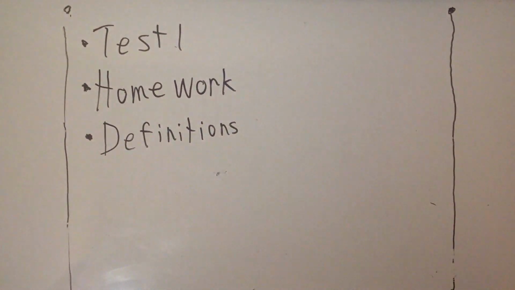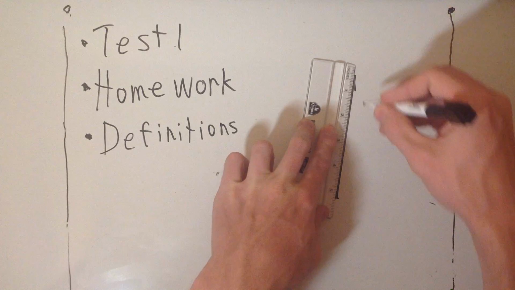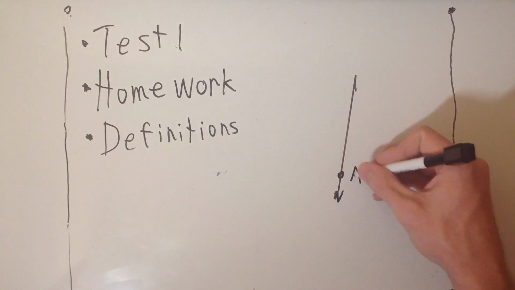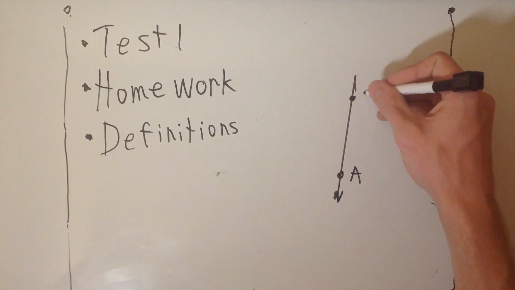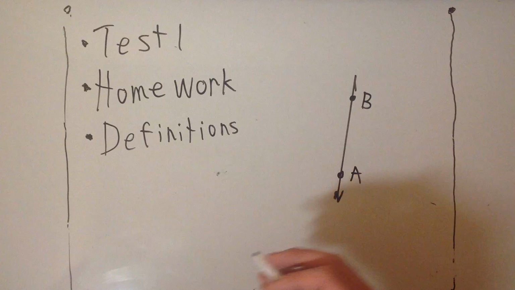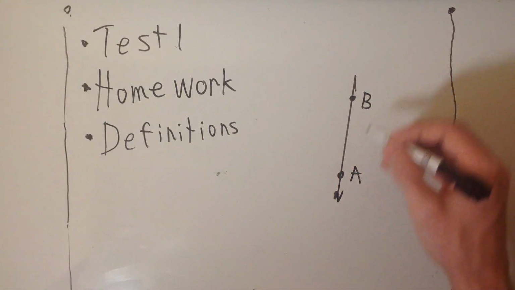Now, if we move on to some of the next, we need to know how to label things. I noticed a lot of people struggled with this a little bit on the first test. But, for example, if we have a line here, and we call it A, B. There are a lot of different ways to label that, and so I'm going to talk through the different things you can label in this line.